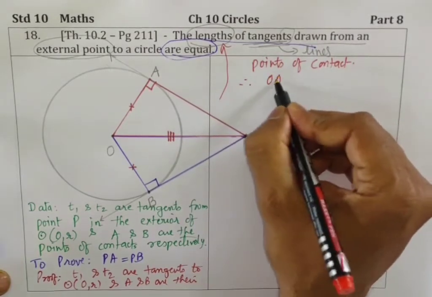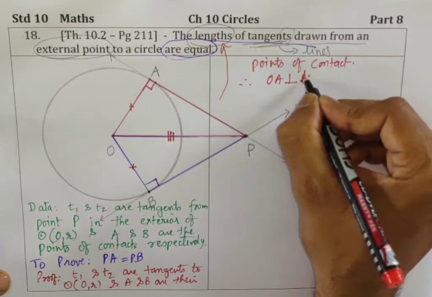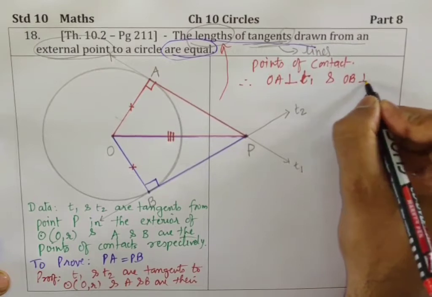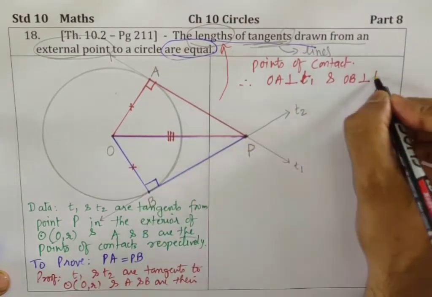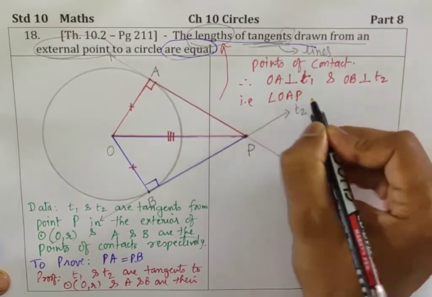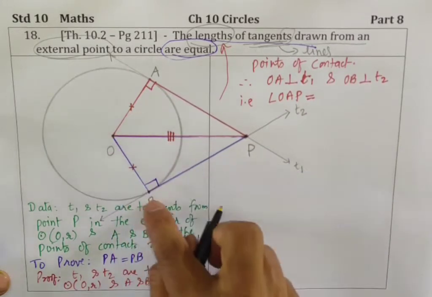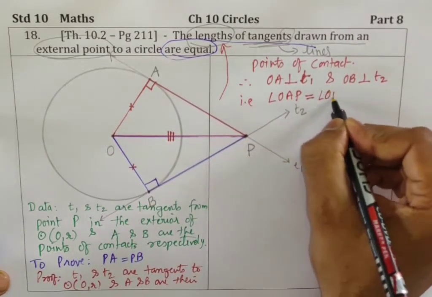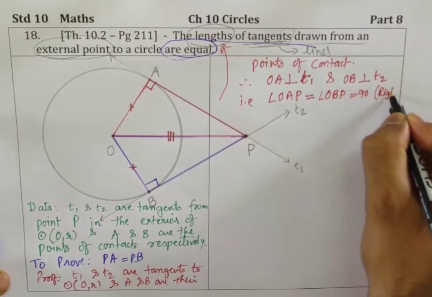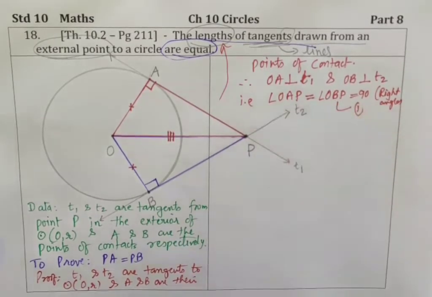Therefore OA is perpendicular to PA, T1 you can say if you want, and OB is perpendicular to T2, i.e. angle OAP equal to angle OBP equal to 90 degree. Reason, right angles. Correct? चलिए इसको मैं result 1 कहूँ, ये दोनों equal है.